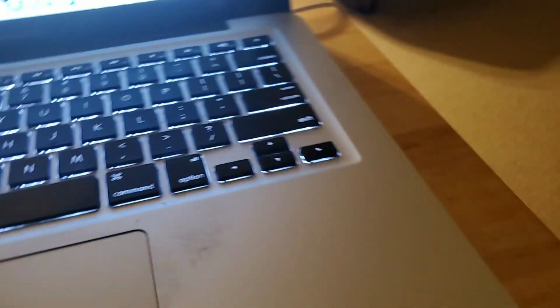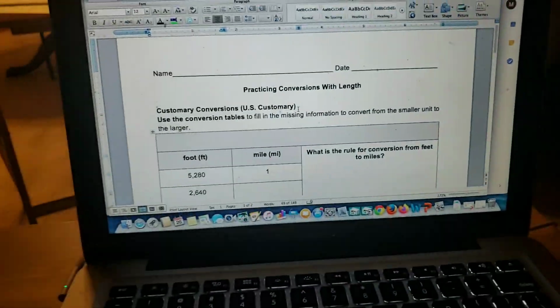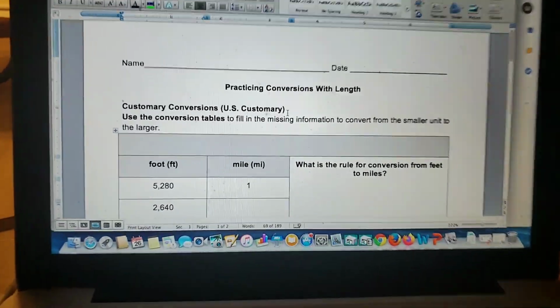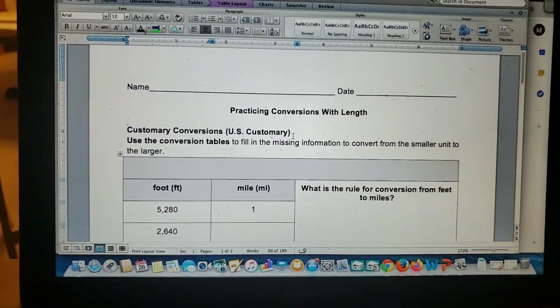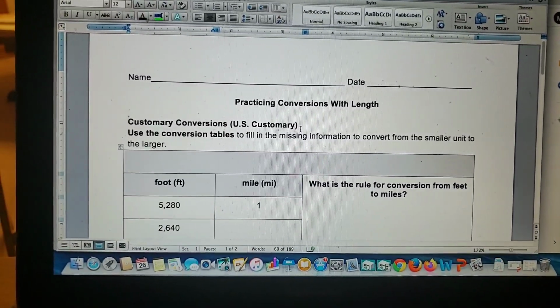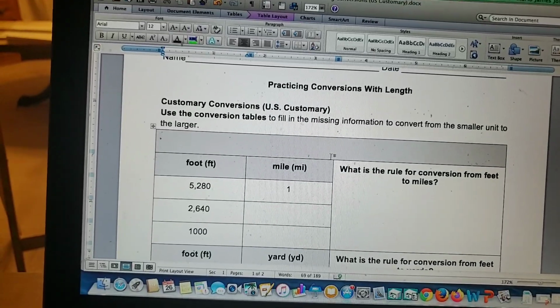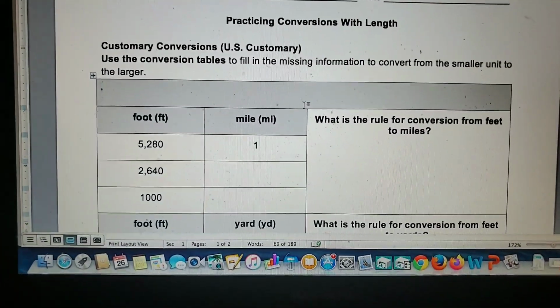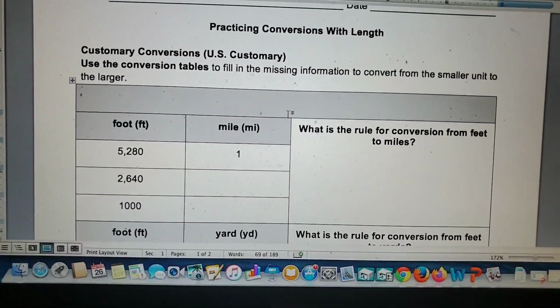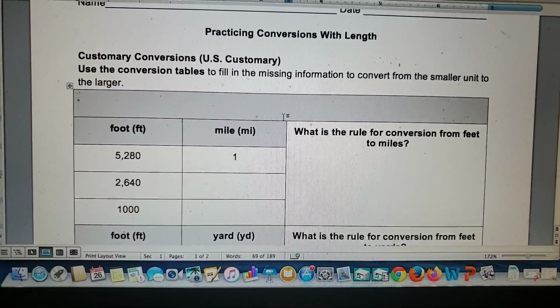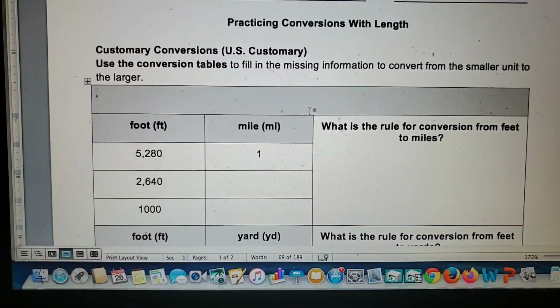For today, you're just going to have one assignment. Here is what you're going to upload: practicing conversions with length. Once again, we're using inches, feet, yards, and miles. So use the conversion tables to fill in the missing information to convert from the smaller unit to the larger.